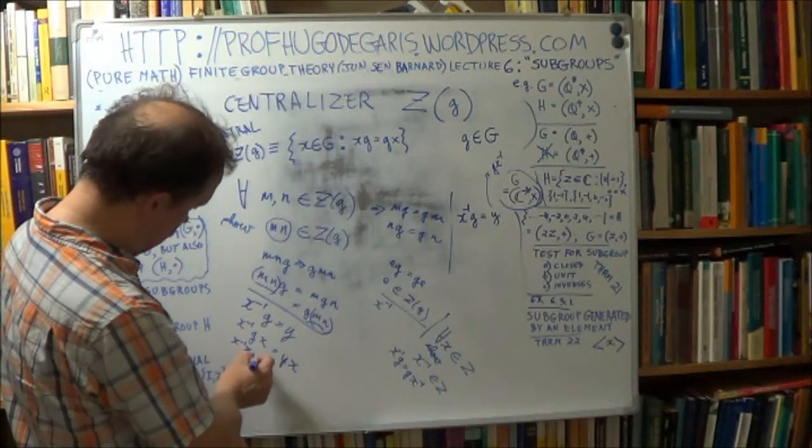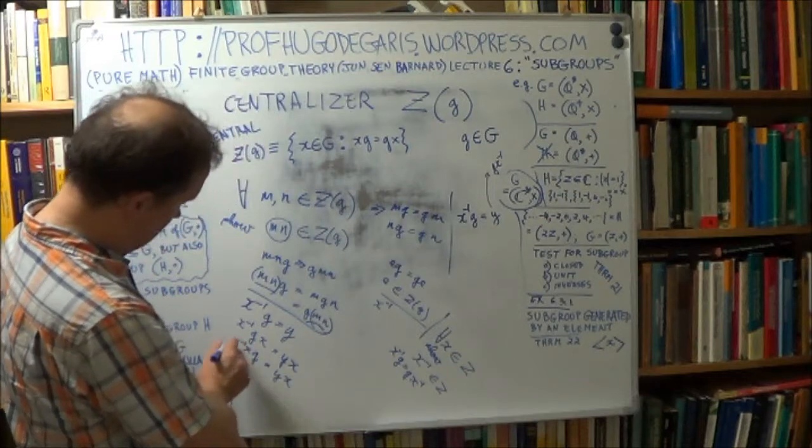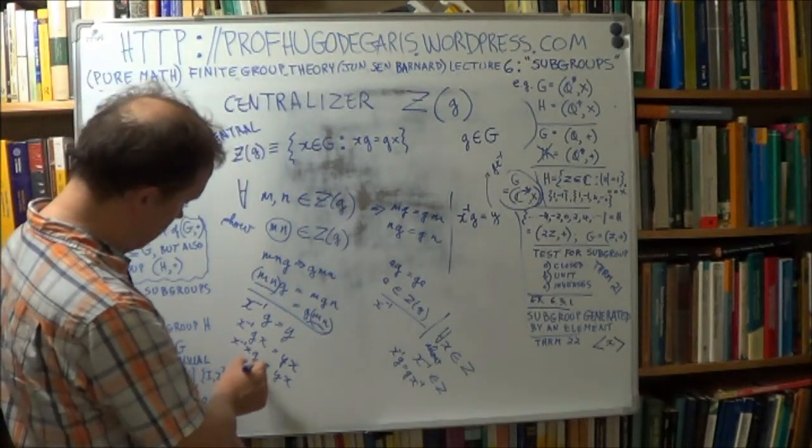So this becomes xg equals yx. Now x inverse x is just e, so this is just g.